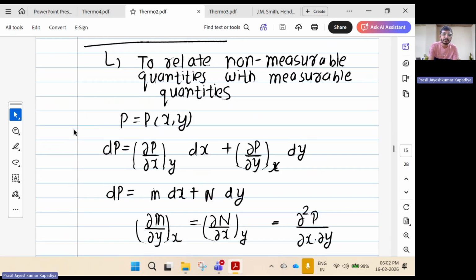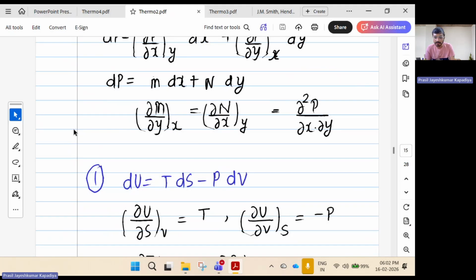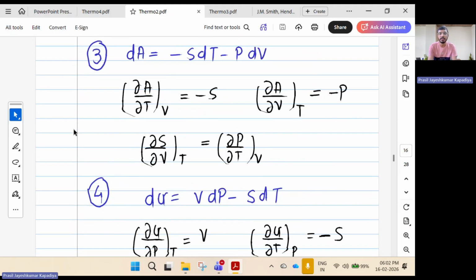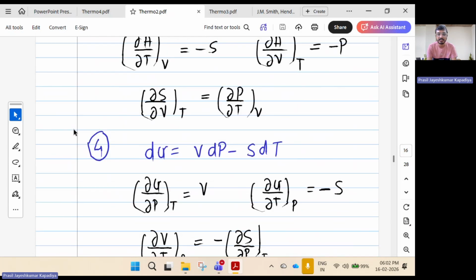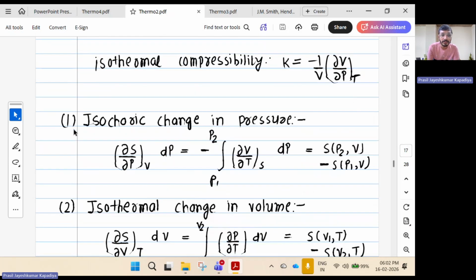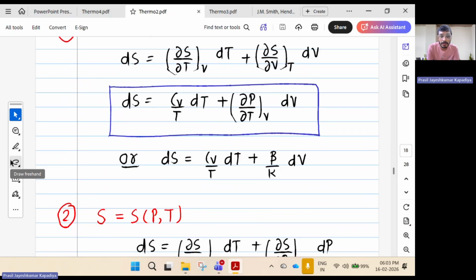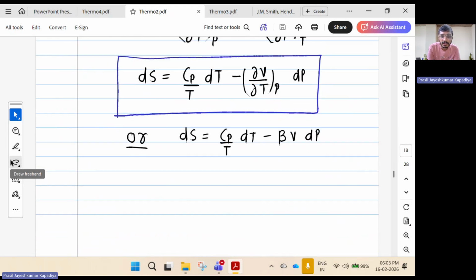Then we looked at Maxwell relations. Maxwell relations basically told us how we can relate some non-measurable quantities with measurable quantities. We had four equations, and for all those four equations, we derived these Maxwell relations. Further, we found these equations, which are going to be very useful, particularly for today's class.